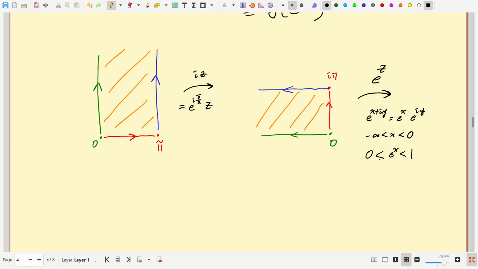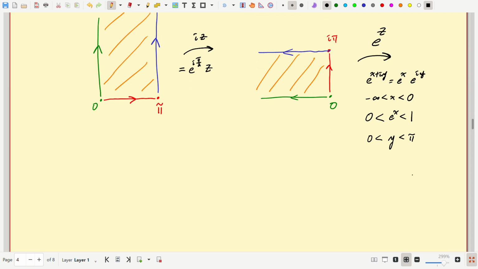That's my radius. My angle would go from 0 to pi, so we'd have 0 is less than y is less than pi. And the radius goes from 0 to 1. That's the inside of the upper half disk.